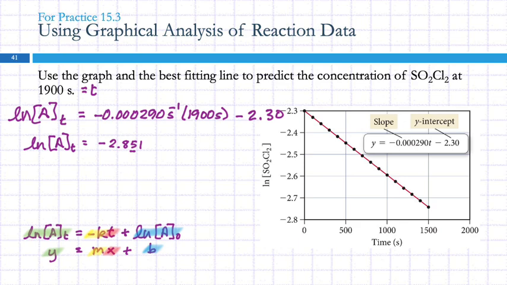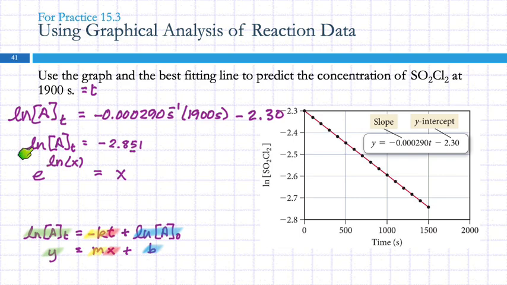Okay, so e to the natural log of x is equal to x. e to the whatever is the anti-log, the anti-natural log. ln is the natural log.